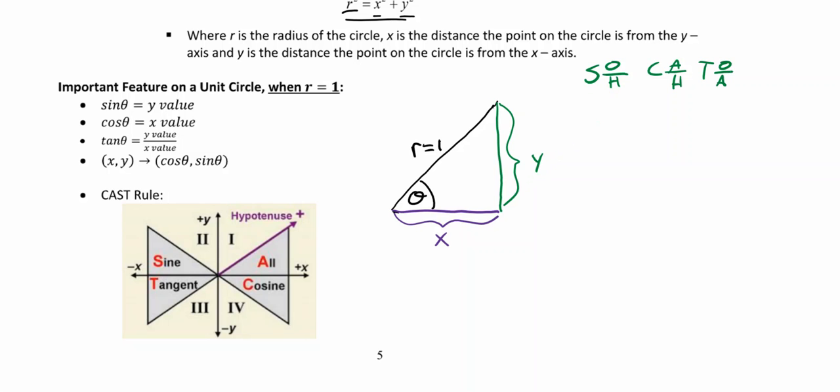So this y would really be, sine theta is equal to opposite over hypotenuse. My opposite is y, that's on the opposite side of my angle. And my hypotenuse, this is the beauty of the unit circle, is 1. So this is really y over 1.